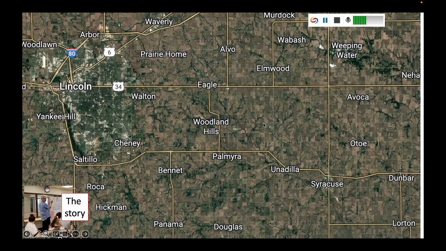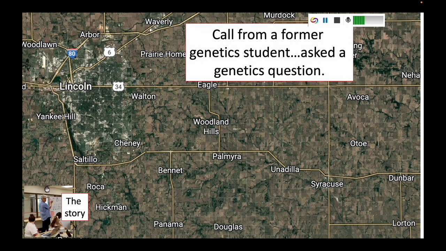I got a call one day when I was at work in the office. A former genetics student had a colleague from work who raised Labradors, and he had a really nice black female Labrador that he wanted to breed and have Labrador puppies and sell those puppies on the market, finding homes that would be motivated to purchase and adopt a Labrador.